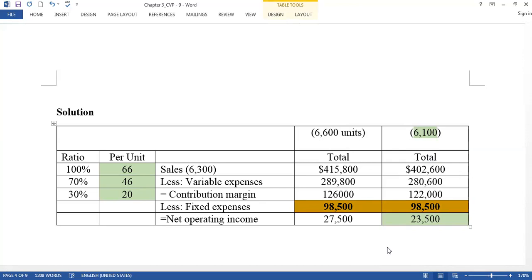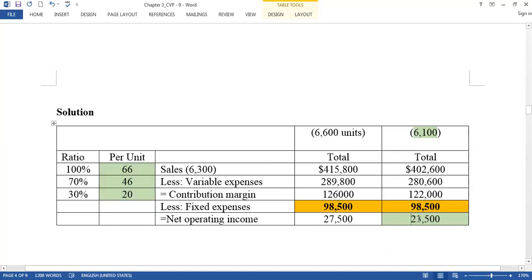If you have 10 phone calls, you also have to pay $100, right? So this number is fixed within a relevant range. Whether you sell 6,600 units or 6,100 units, fixed cost is fixed. So these two numbers are fixed, and we calculate sales price, variable cost, and contribution margin based on the per unit values.